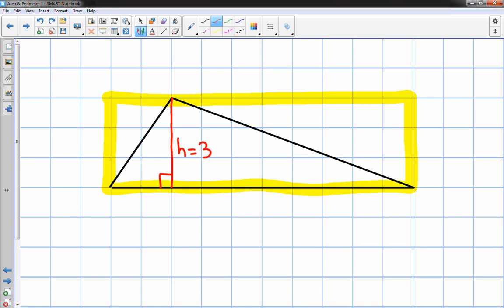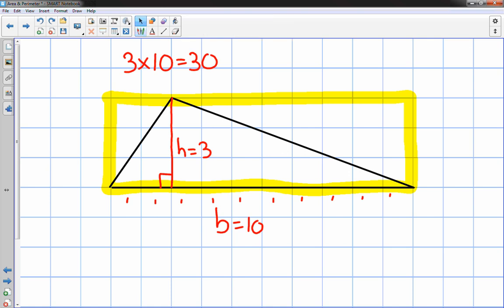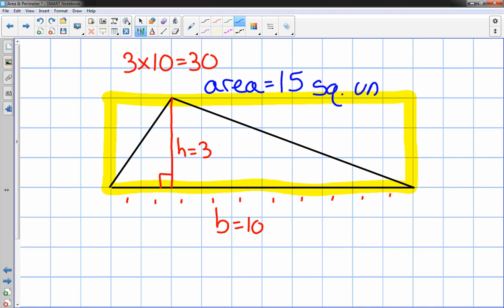The base, 1, 2, 3, 4, 5, 6, 7, 8, 9, 10. The base is equal to 10. So 3 times 10 is 30. Well, that would be for the whole rectangle. You want half of it. So the area of the triangle is equal to 15 square units, whatever they are.